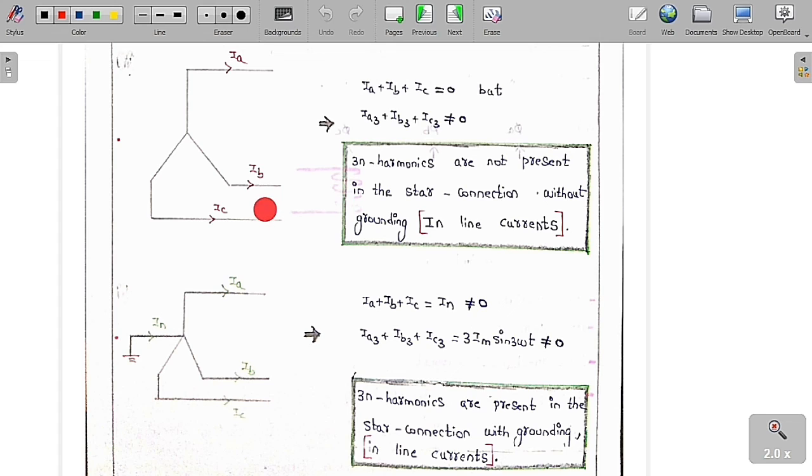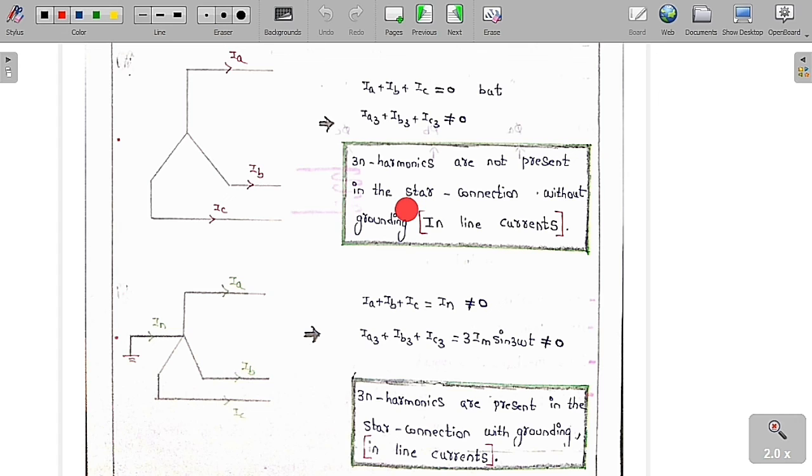In the ungrounded case, only 3n plus or minus 1 harmonics are present in the line current, but never 3n harmonics. But in this case, 3n plus or minus 1 harmonics will never be present in the line currents, but only 3n harmonics are going to be present. So this is a point that you always have to remember.